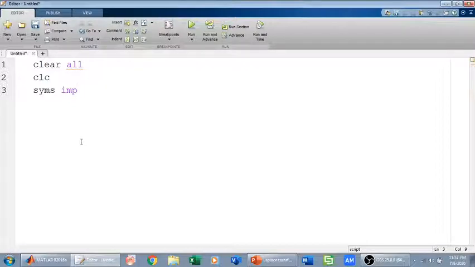So let me give it a name: imp to the unit impulse signal, stp to the unit step signal, rmp to the ramp signal. Then we have sine, so I will give the name x to the sine signal, y to the cosine signal. t will be my variable in which all these signals will be defined. So I also need to define t as a symbolic variable, and then followed by exponential function, for example ex. So I have defined all these functions as symbolic variables.